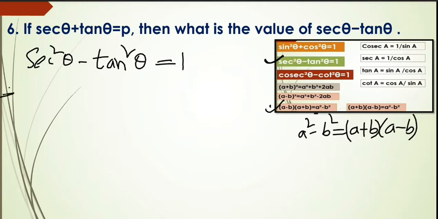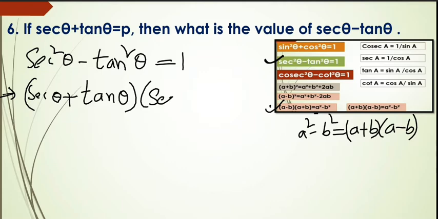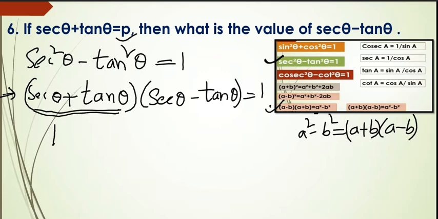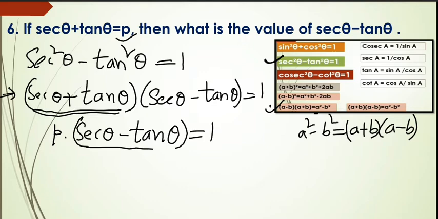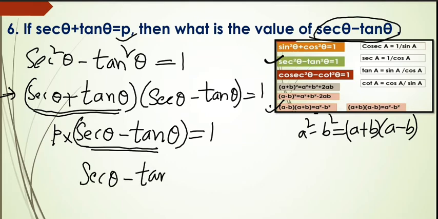So here we can write (sec θ + tan θ)(sec θ − tan θ), which is equal to 1. Sec θ + tan θ is already given, that is p. So p into (sec θ − tan θ) is equal to 1. We have to find that value. So move this p to the right side. So sec θ − tan θ is nothing but 1 by p. So the answer is 1 by p.